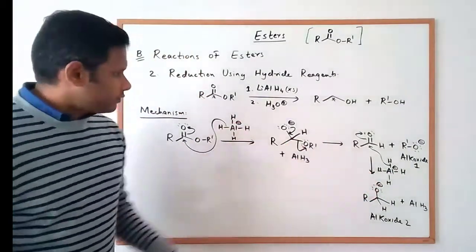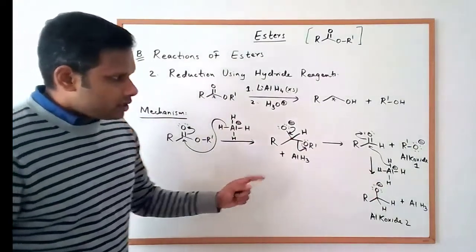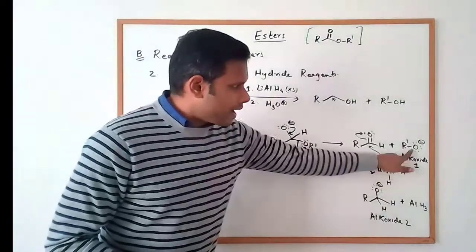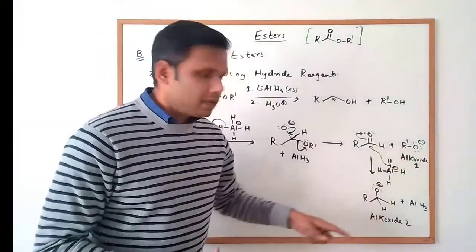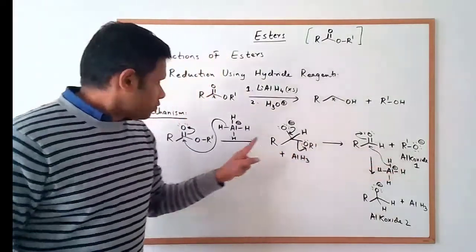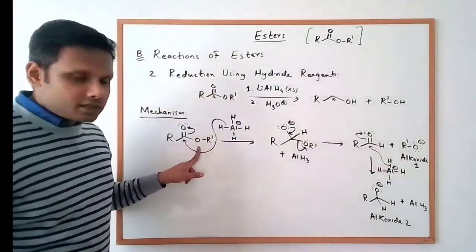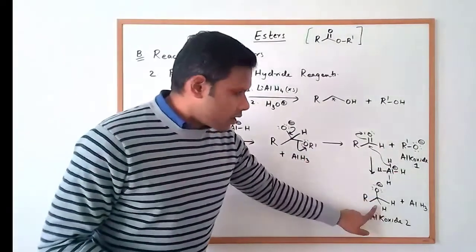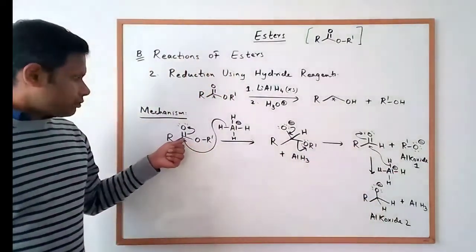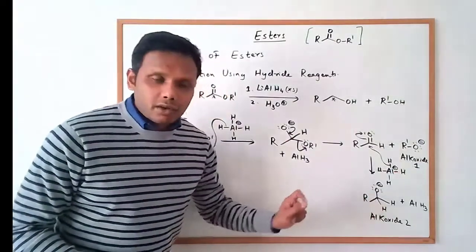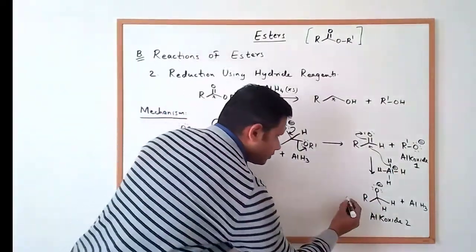That's basically the first step. By the end of this first step, we have 2 alkoxides in our reaction. We have alkoxide 1, which was present in the ester, the OR group in the ester, and we have alkoxide 2, which is from the acyl carbon. So this carbon here is the reduced acyl carbon.